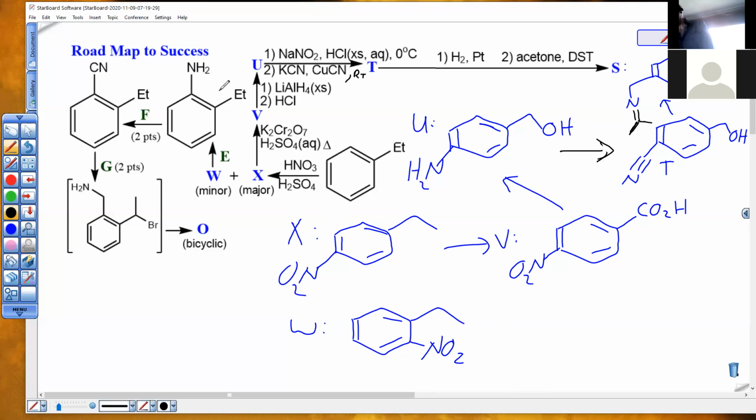The NO2 is an NH2. I believe this is maybe the fourth time on the roadmap we've reduced NO2 to NH2. Yep, we don't put an arrow. We'll just put the reagents E that do this. H2 and nickel is a very popular one. Ethyl group will not be touched by that.